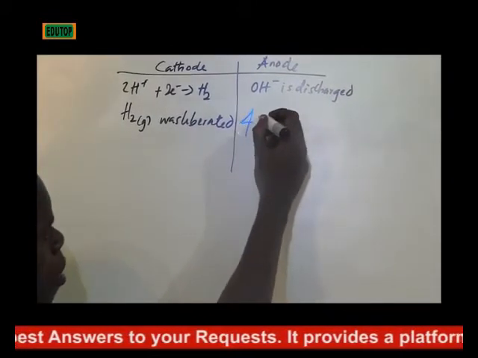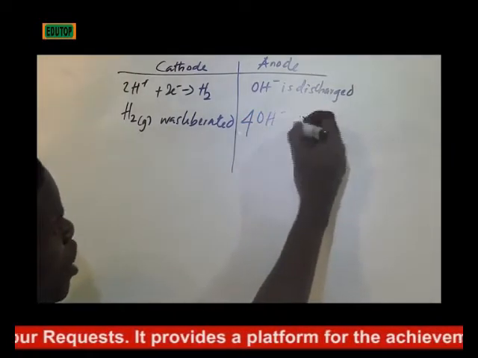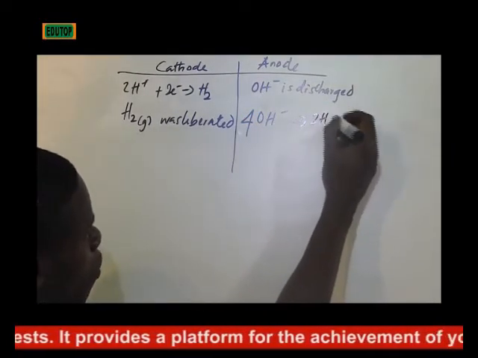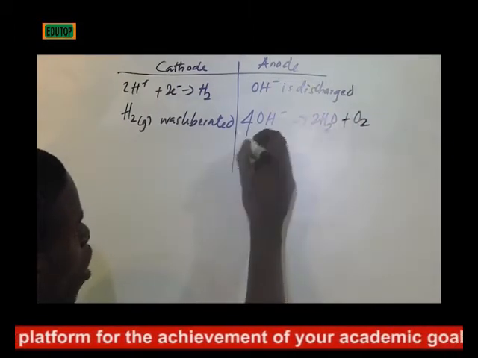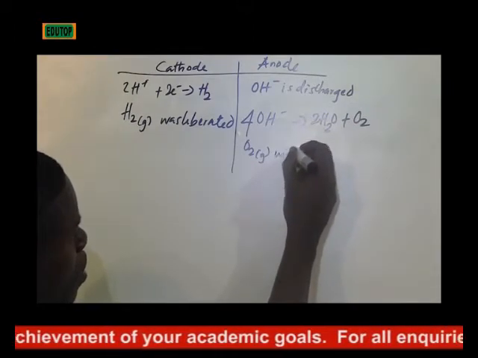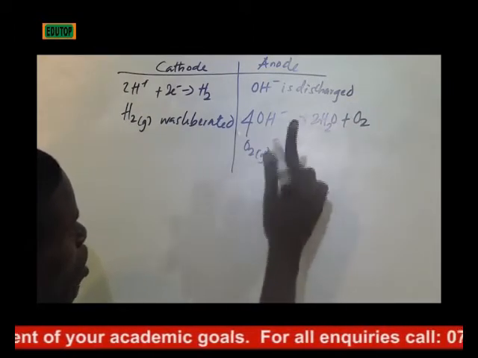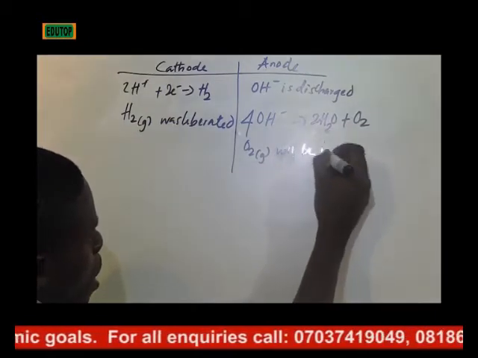means that 4 moles of hydroxide ion must be required to give 2 moles of water plus oxygen, where this oxygen gas will be liberated.